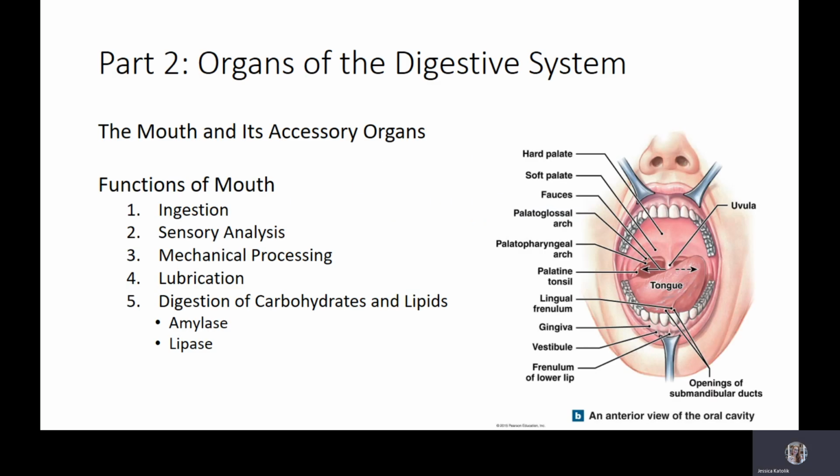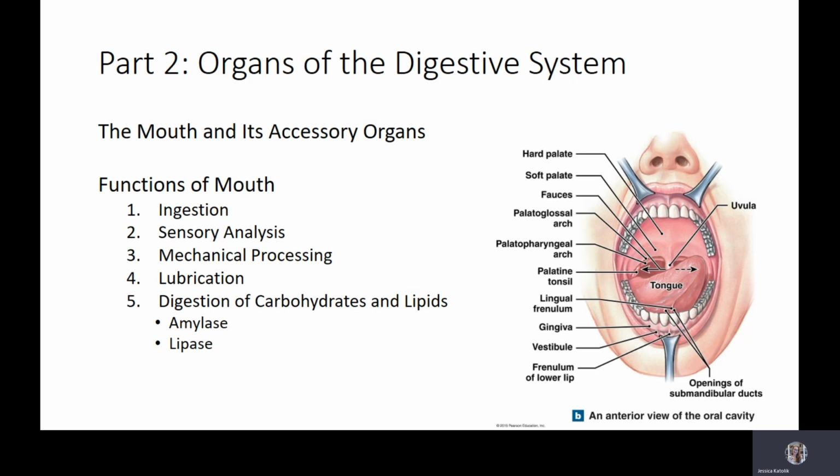All right. So here in this video, let's look at the mouth and its accessory organs. So the mouth is going to have a lot of different functions. Its primary function is going to be ingestion, so putting food into the digestive tract. But once it's there, there's going to be a lot of sensory analysis of that food.